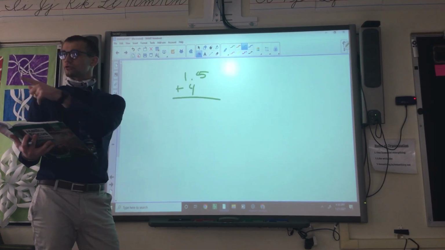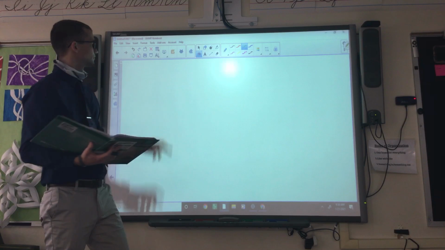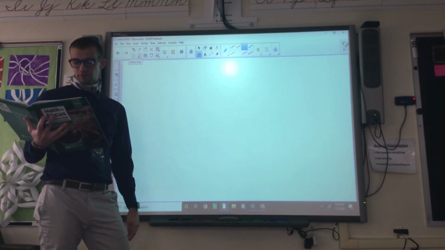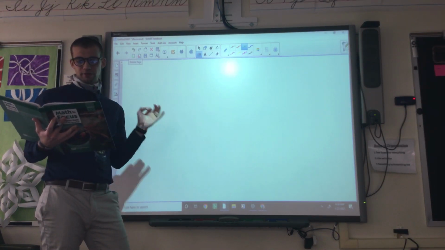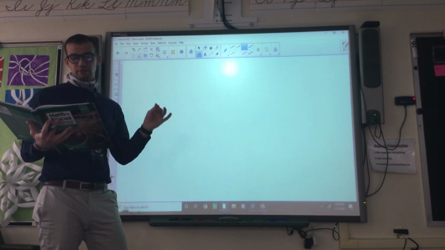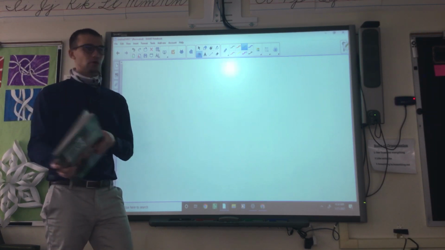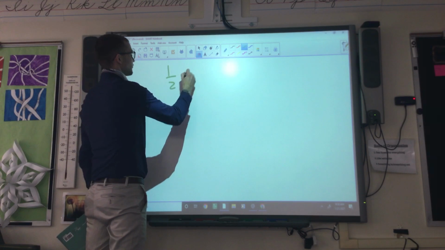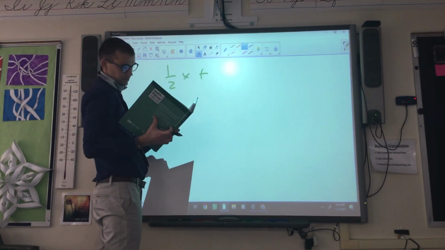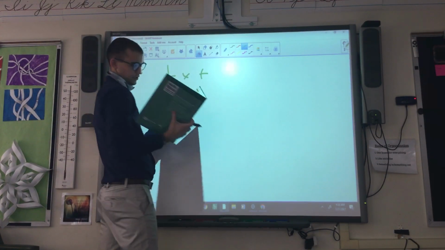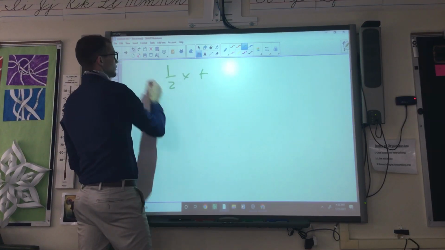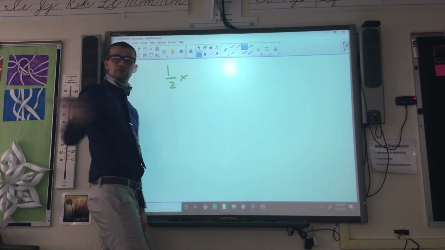You have a question? Okay, bottom of 146, simplifying algebraic expressions with more than 2 terms and involving fractional coefficients. So we got 1/2x, is that plus or minus? Minus. Can you read the rest of that?